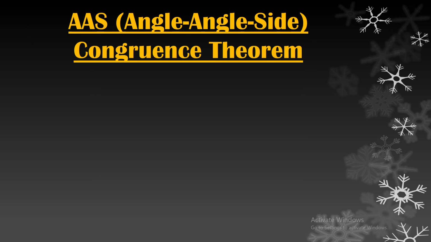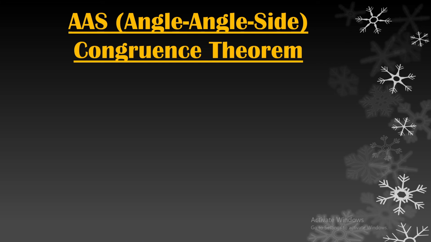We also have one triangle congruence theorem, and that is the AAS congruence theorem or the angle-angle side congruence theorem. Take note, if you're going to compare it with ASA, in ASA, the side is between those two angles. That's why it's the included side.